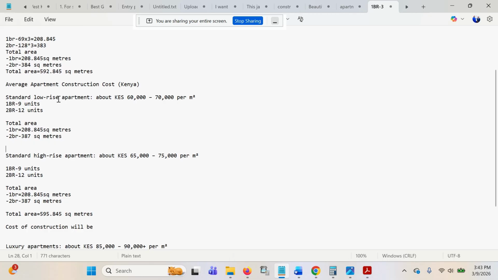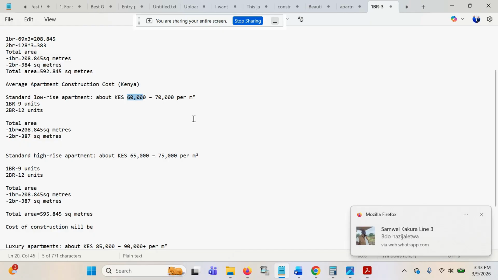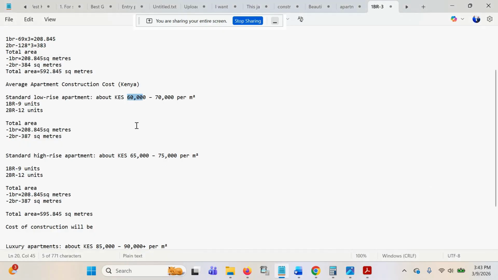Now, suppose you want to do a standard low rise apartment and you're working with the lowest tier, which is 60,000.